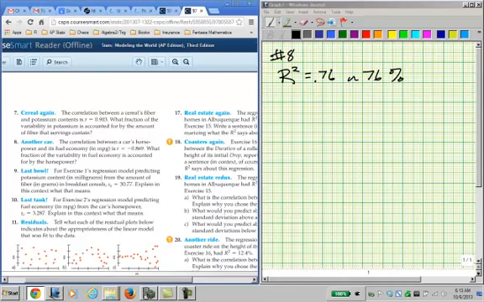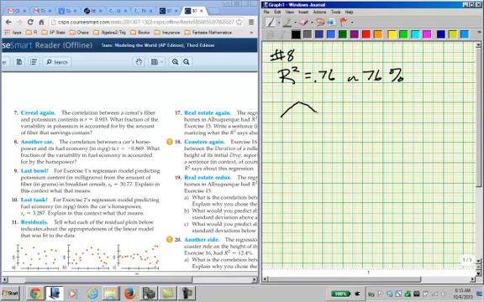So let's go back to here. Let's get into what does this really mean? Well, we have estimated fuel economy equals some starting point, some miles per gallon. Let's call it 10, which would be ridiculous.